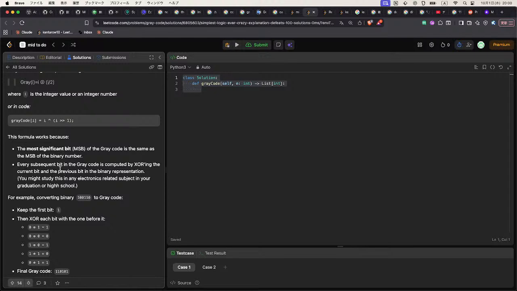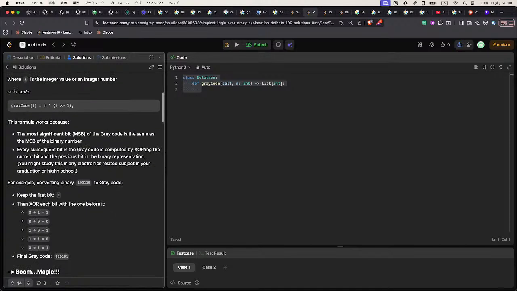Every subsequent bit in the gray code is computed by exclusive ORing the current bit and the previous bit in the binary representation. You might study this in an electronics related subject in your graduation or high school.